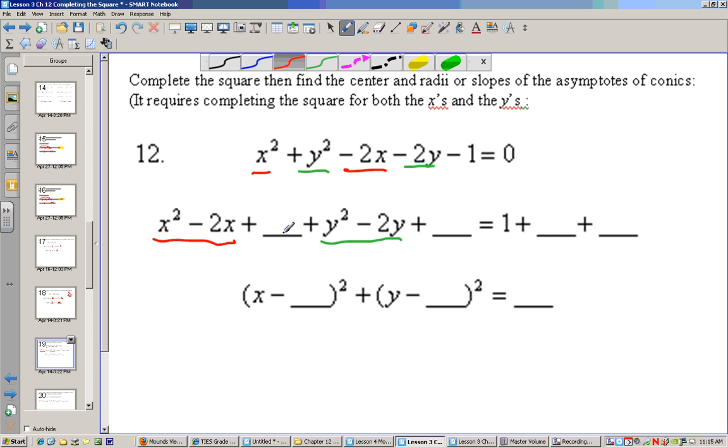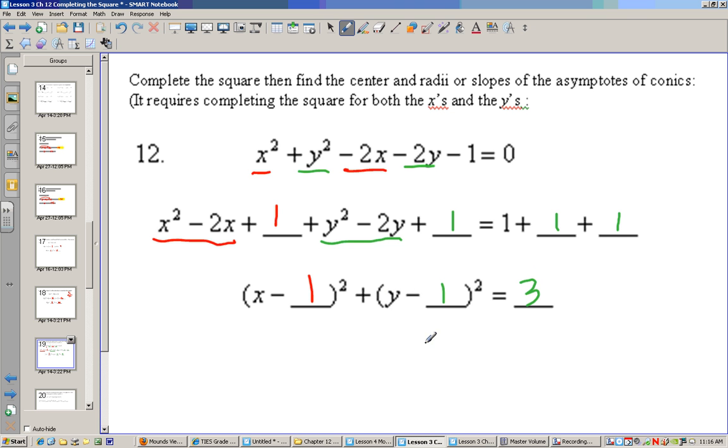So what I need to fill in here would be a 1, because it's x minus 1 squared. And here also I fill in a 1. And I'm not multiplying either of those by anything, so I can just put a 1 on both of those and add those up. So this would be x minus 1 squared plus y minus 1 squared equals 3.